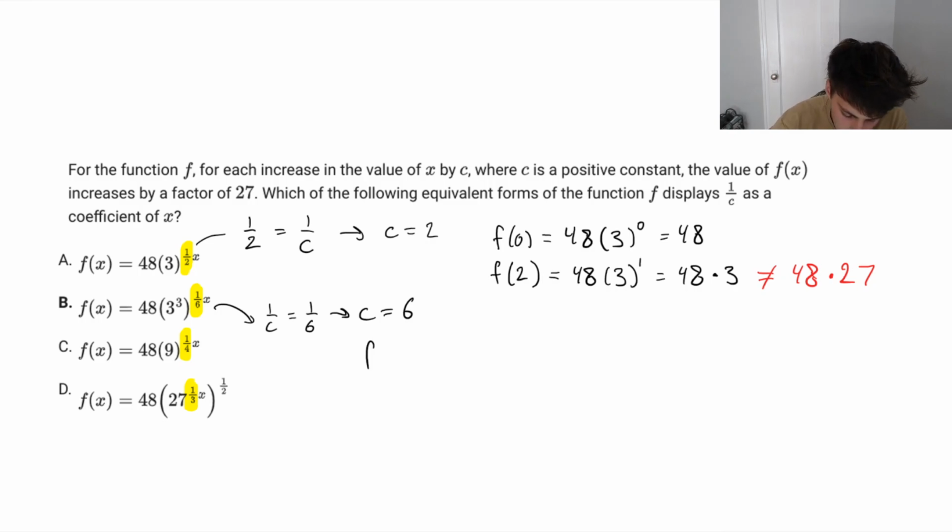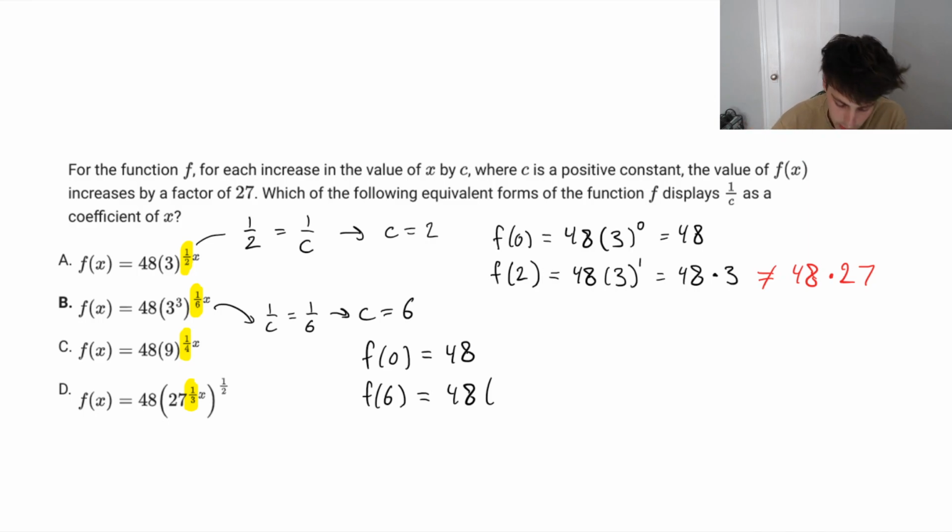F of 0, I can see would be 48, because our second term is just going to be 3 to the power of 0, which is 1. So that means that if I do f of 6, it should be 27 times 48. Let's check that. 48 times 3 to the power of 3. 3 to the power of 2 is 9.